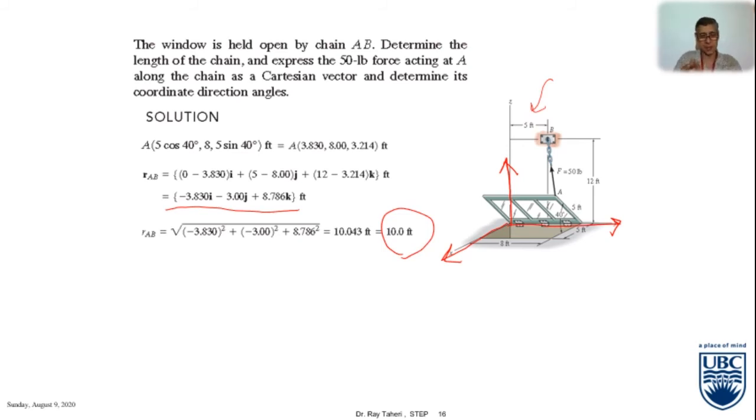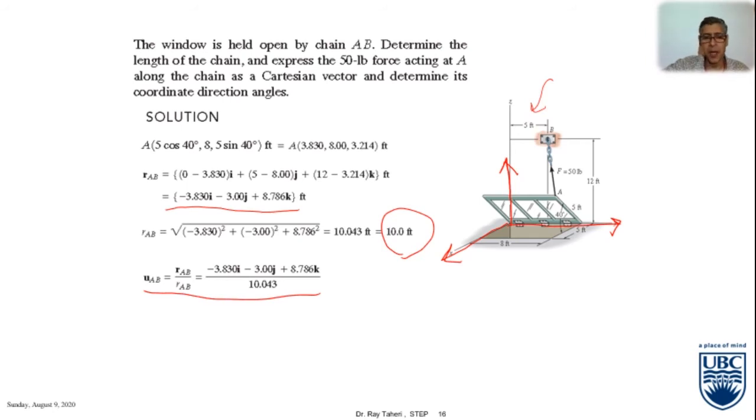For part 2, as I mentioned, you calculate the unit vector, and for calculating the unit vector, the easiest way is you divide each x, y, z component by the magnitude, and you have i, j, k, which is a vector with the length of 1. This is what we get here.